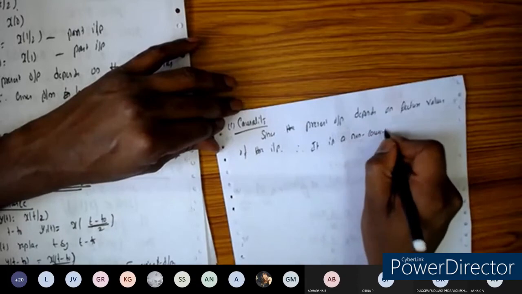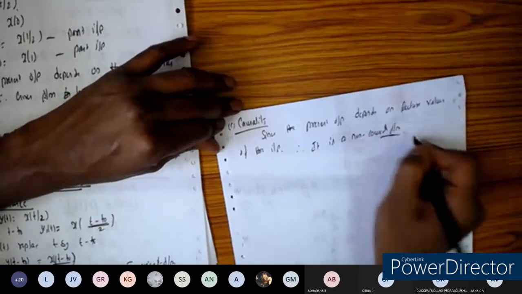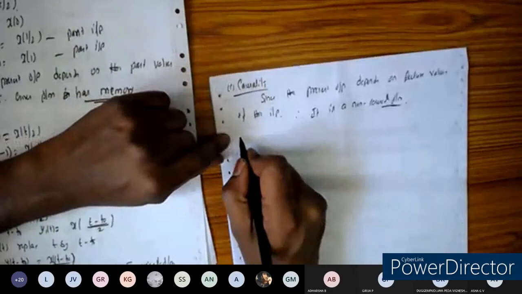The given system is a non-causal system here.